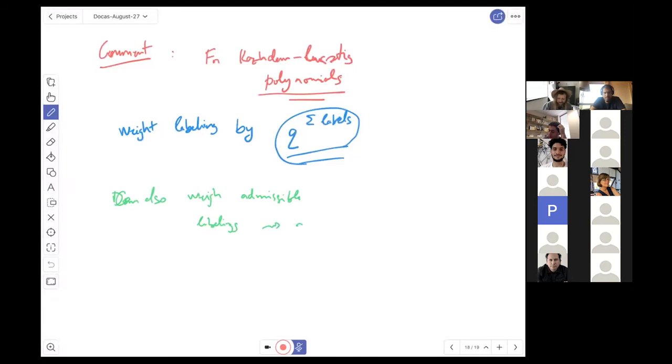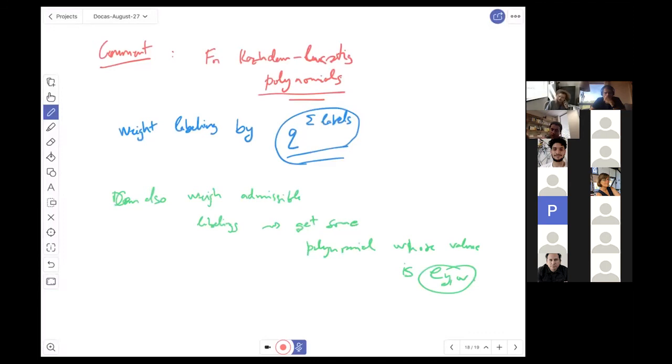And then what that gives you is some polynomial with value at 1, really, is the local Euler obstruction.